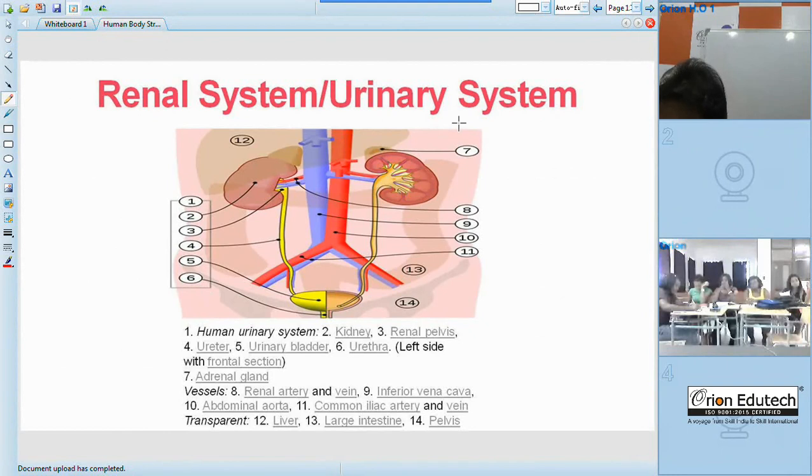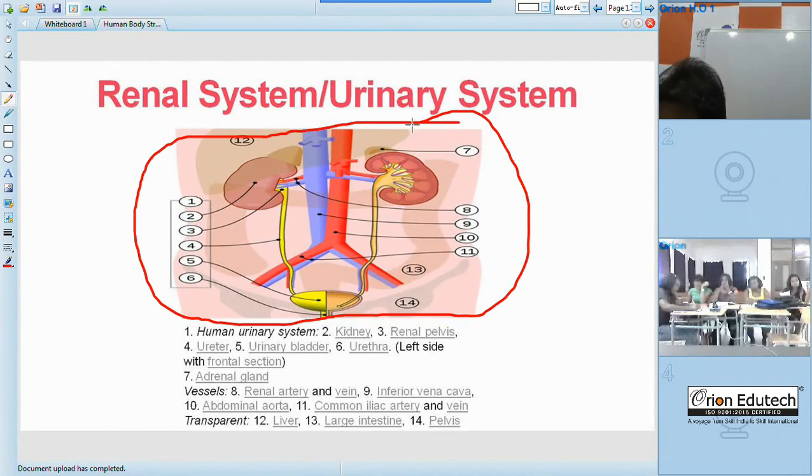This is the whole urinary system of a human body, in which the second one is the kidney, and the third one is the renal pelvis. Fourth is the ureter, this yellowish line.